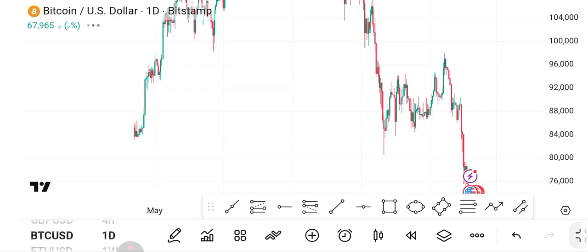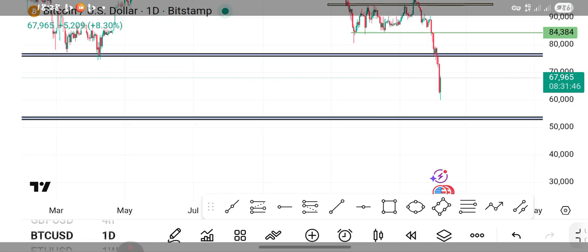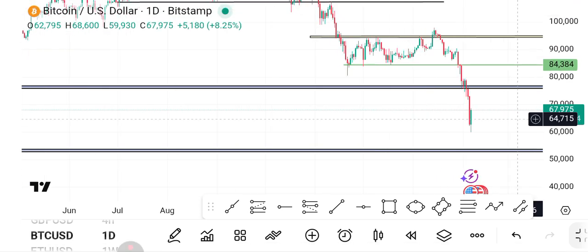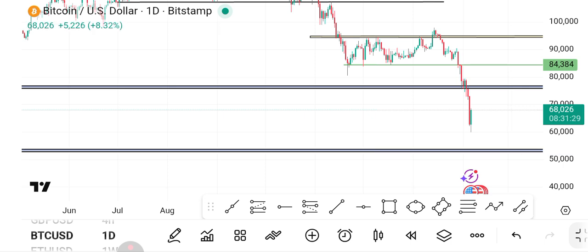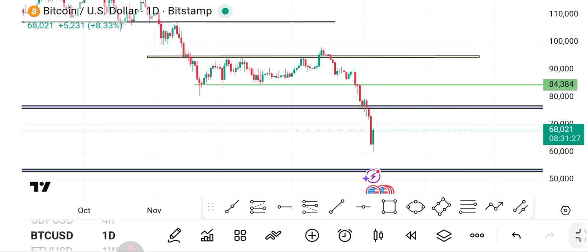So what are we waiting for? We know we have crossed this blue bar. Our next level is 53,898 dollars per coin. So what should we be waiting for?